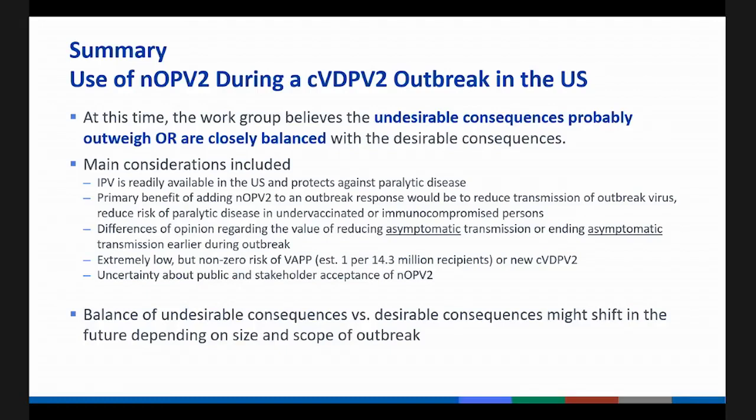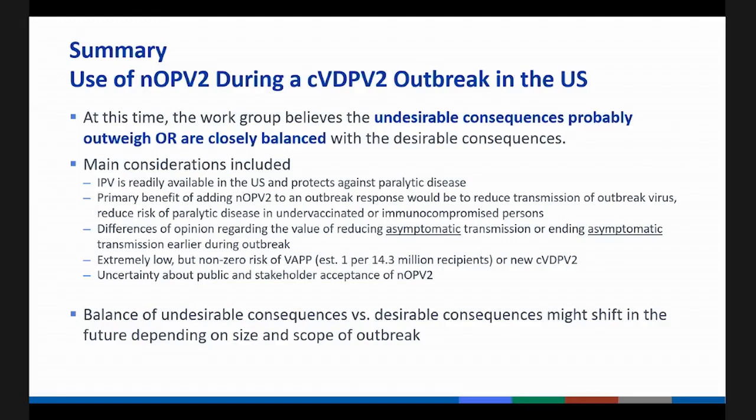The main considerations for the work group's interpretation were that IPV is readily available in the US and protects against paralytic disease, and that the primary benefit of adding NOPV2 to an outbreak response would be to reduce transmission of outbreak virus and reduce risk of paralytic disease in undervaccinated and immunocompromised persons.